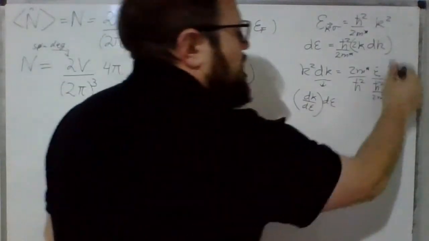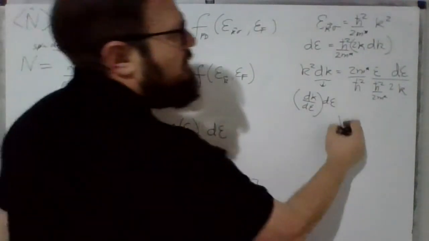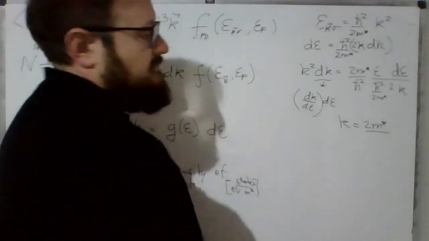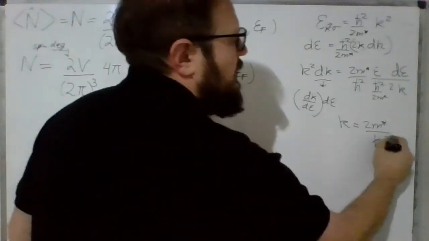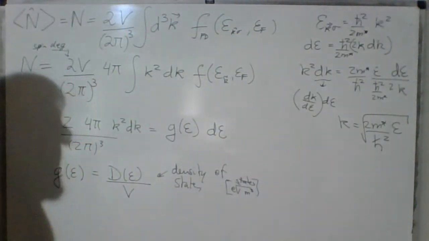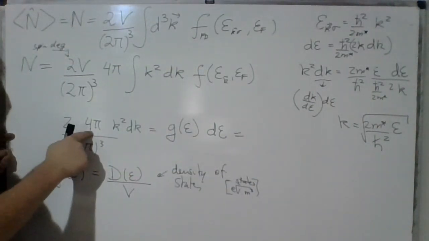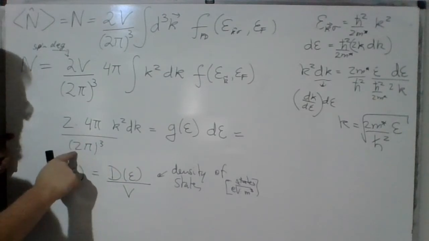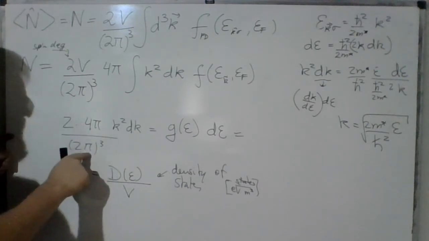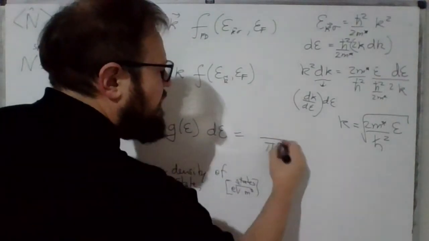Okay, 2 times k, and k, we already know it is 2 times mass, effective mass, divided by the h bar square times the energy, and you need to take the square root here. So in this case, we have 2 times 4 pi, which produces an 8, which is equal to the factor 2 here, cubed is 8, and the pi cubed, and we have a pi in the numerator, so we have a pi squared, okay?